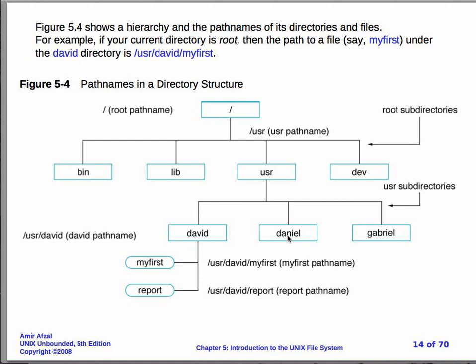How would you access this myfirst file? The answer would be vi /usr/david/myfirst. That's the path name for myfirst. So if you say vi /usr/david/myfirst, you can edit that file even if you are here. That will work even if you are over here too.